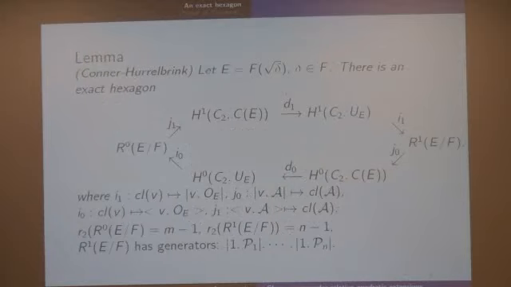Now we use the given exact hexagon. This is the Kuo-Ham ranking, given by the formula R2 R0 EF H1 C2 CE.